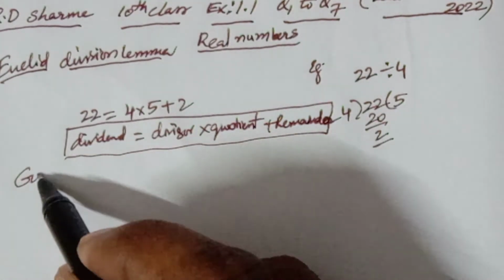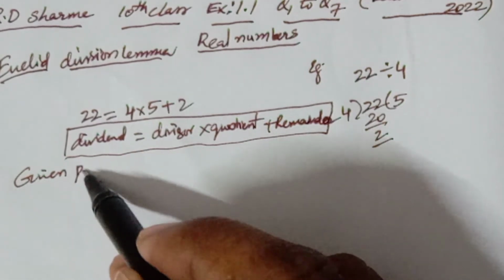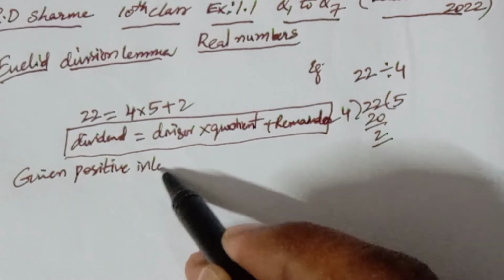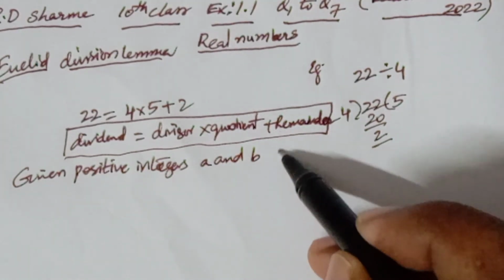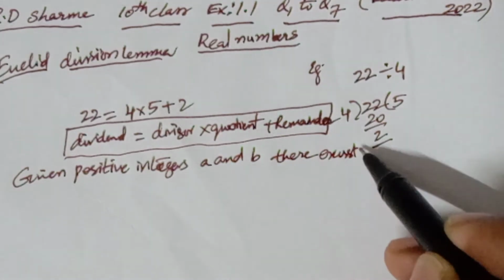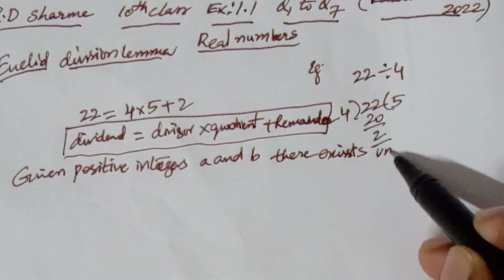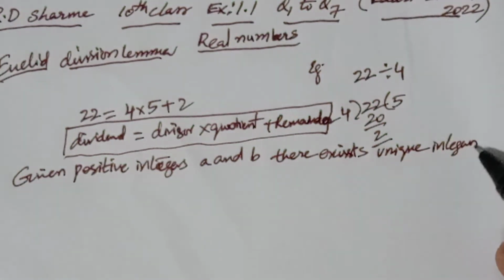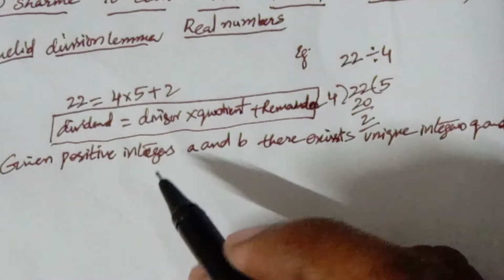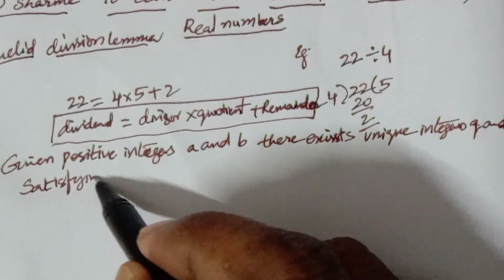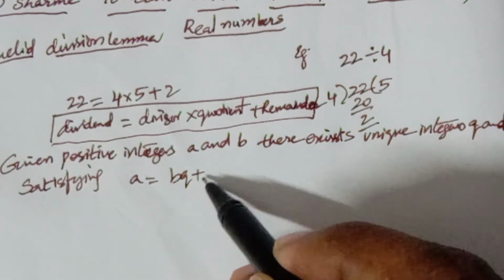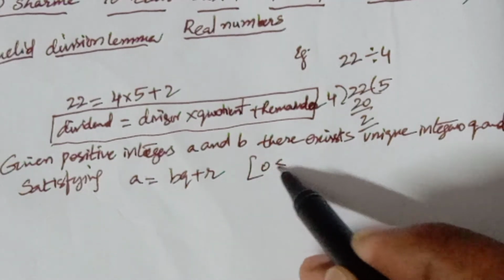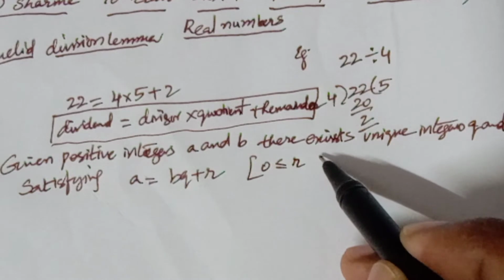So what is the definition? Given positive integers a and b, both are positive, there exist unique integers q and r satisfying a is equal to bq plus r, where 0 is less than or equal to r, less than b.